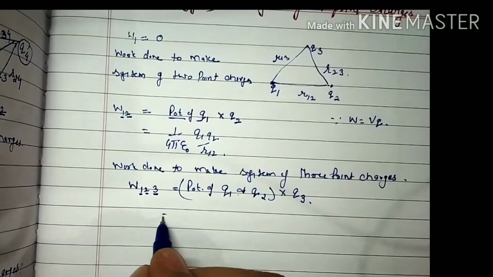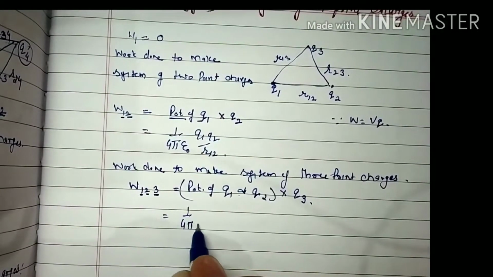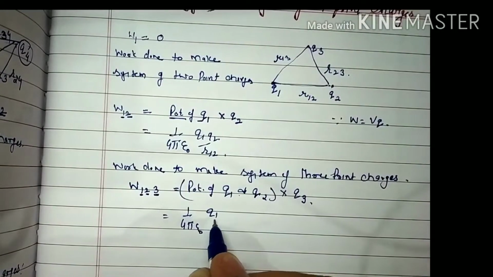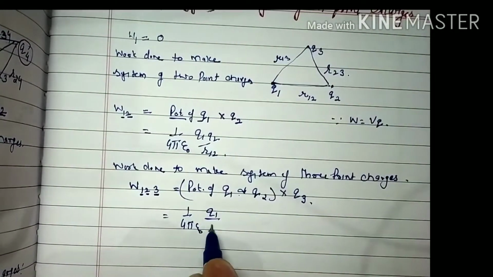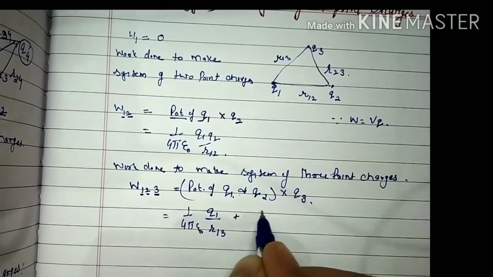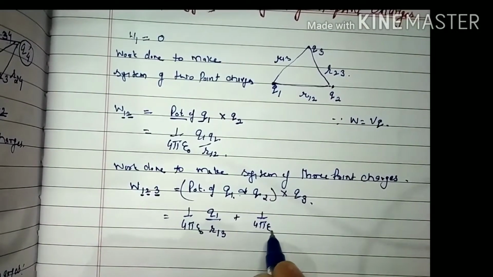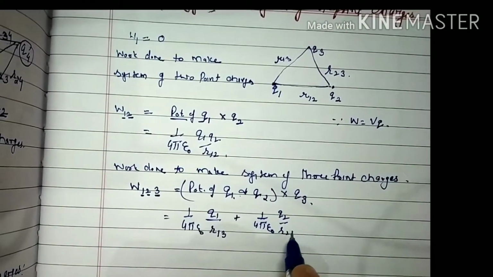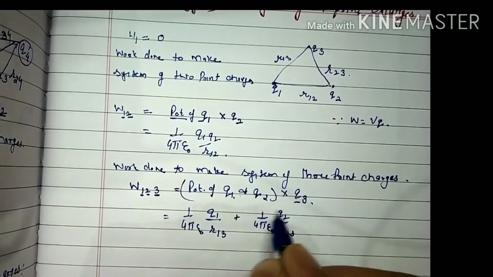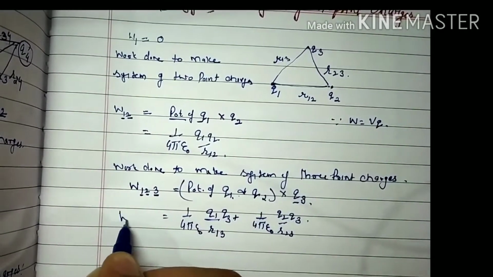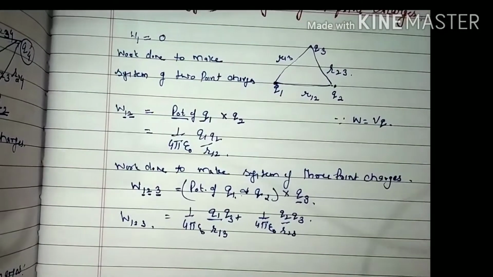So we write 1 upon 4 pi epsilon Q1 over r13 plus 1 upon 4 pi epsilon Q2 over r23, and now this is multiplied with Q3. This is W123.